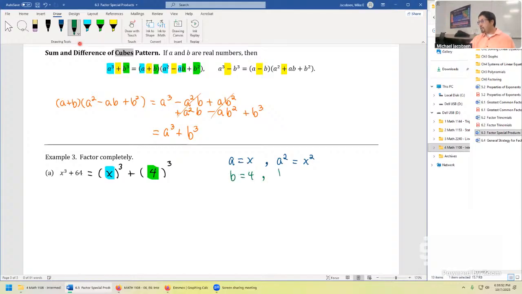So if B is 4, we can say B squared. That's just 4 squared for a 16. And the last thing we need is A times B, the middle term. So A times B in this problem, that's just going to be 4 times X. So we get 4X.